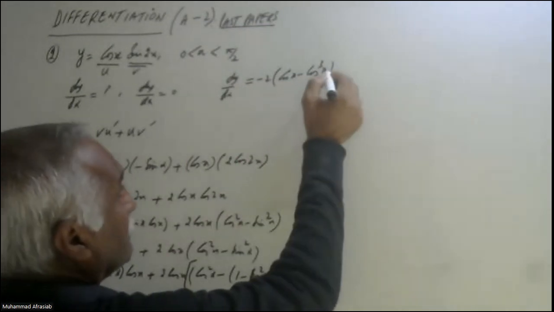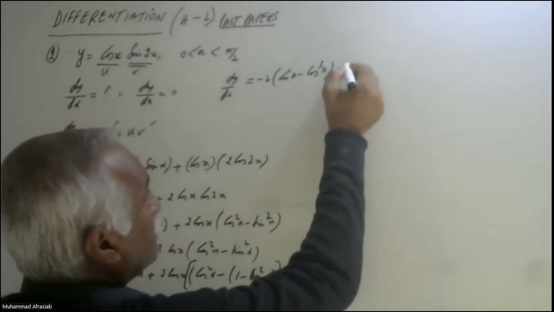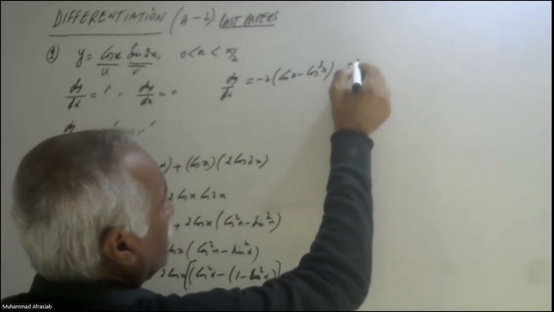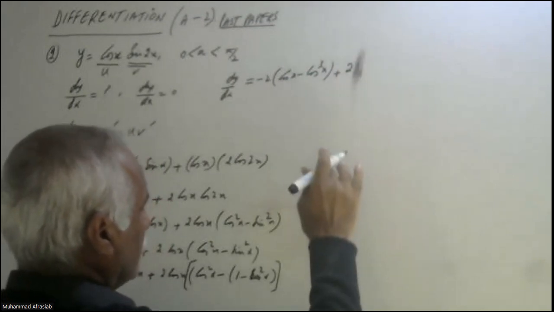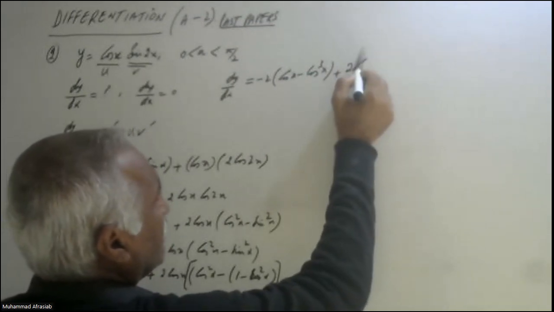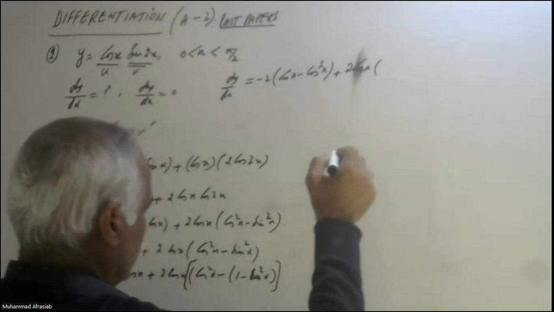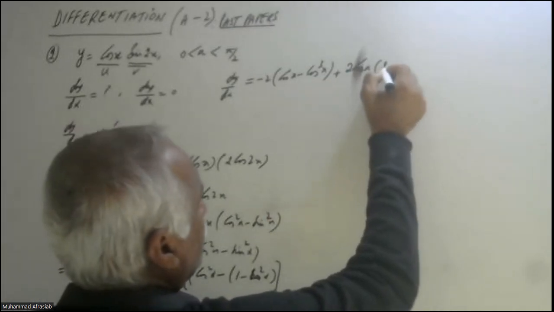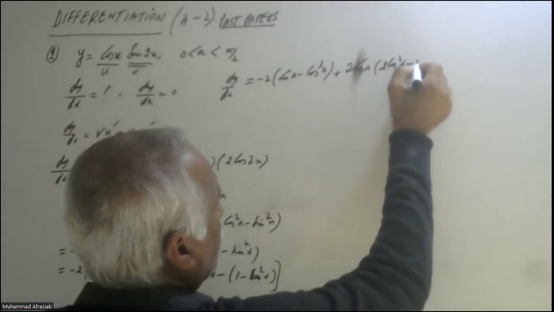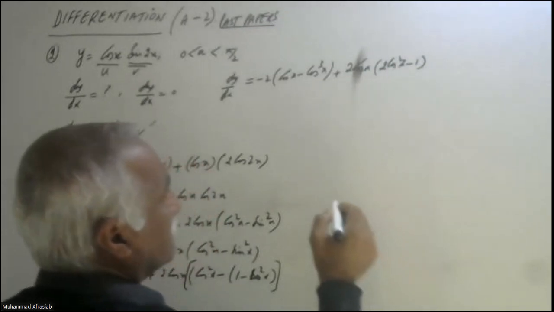This will become plus 2 cos of x into 2 cos square of x minus 1.